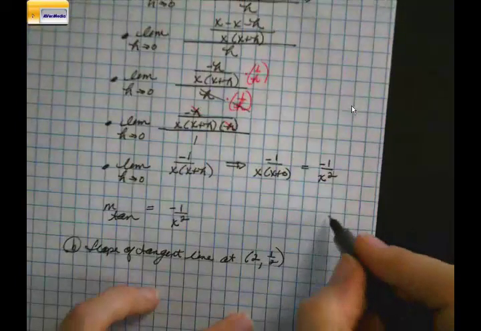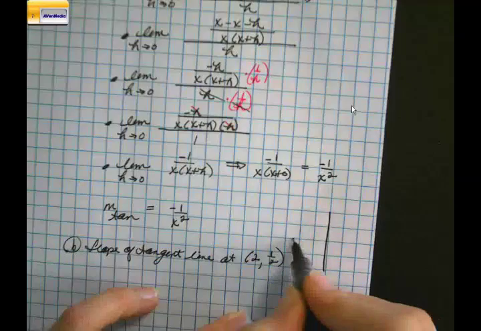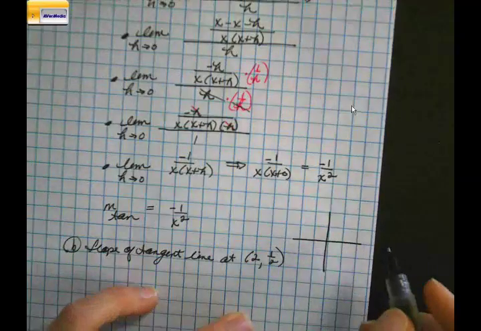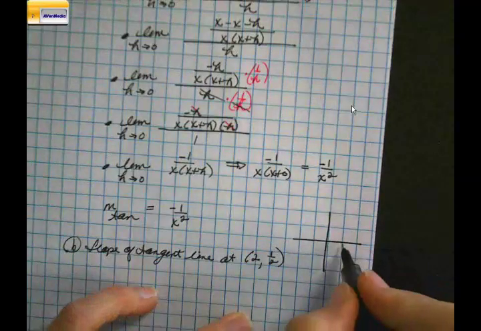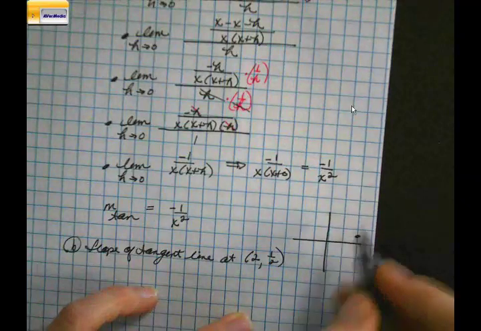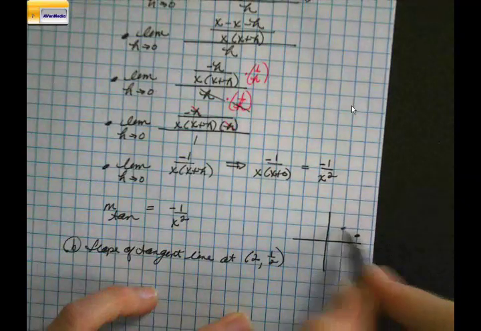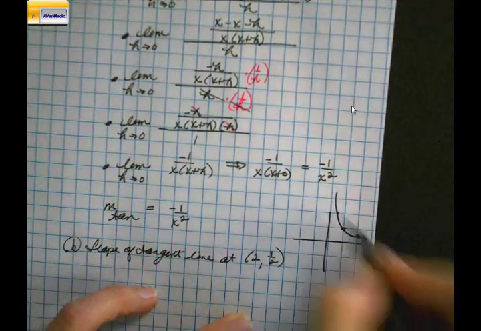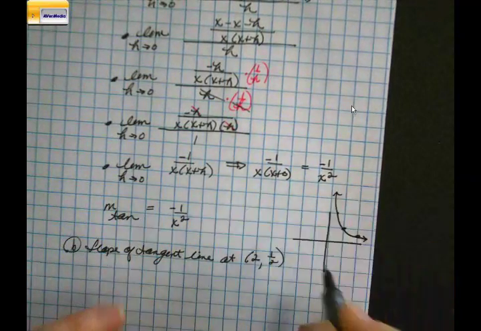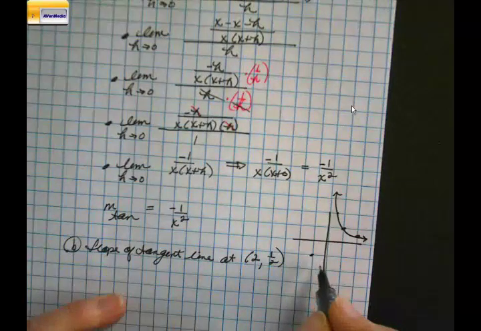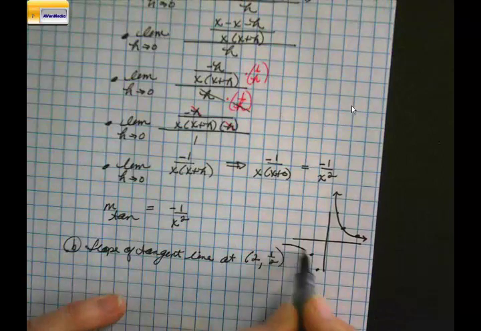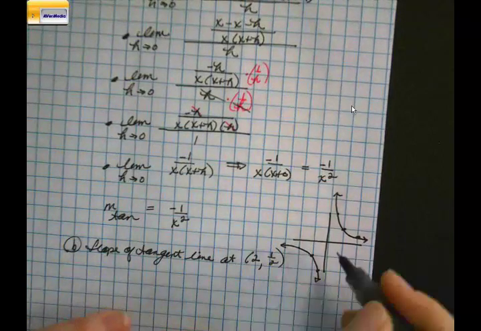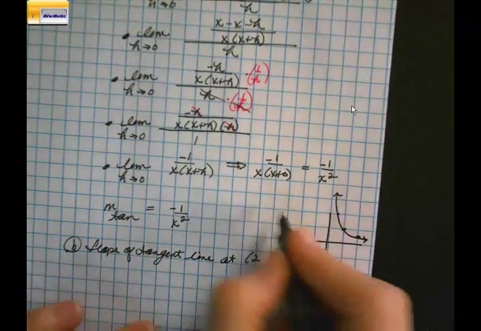So trying to get a vision of this, remember your original curve is y equaling 1 over x, which looks something like this. Okay, this is your original curve.